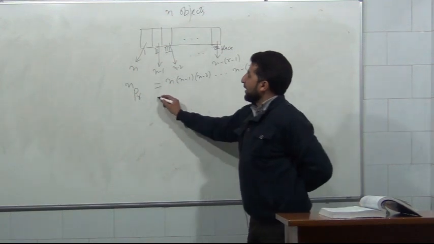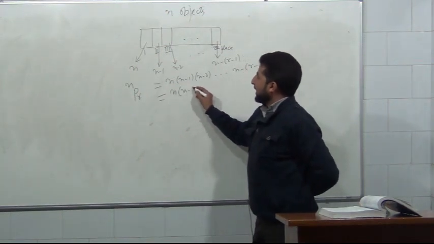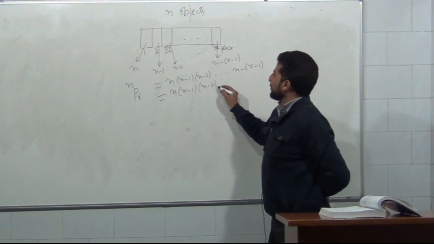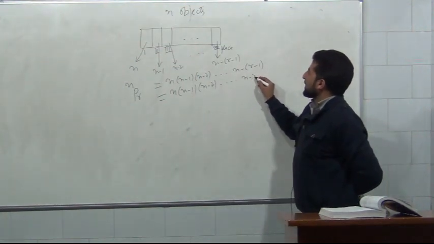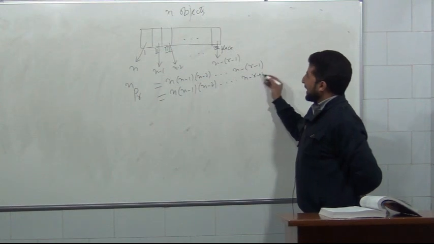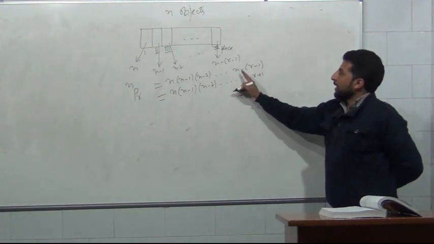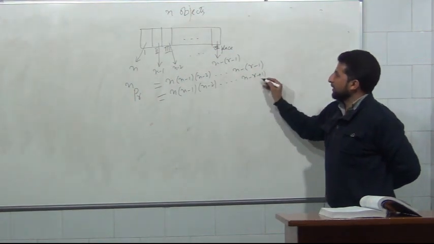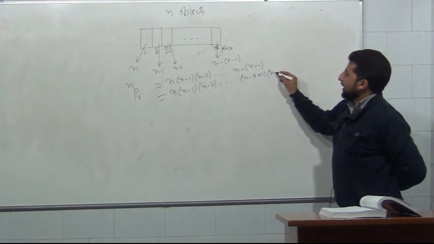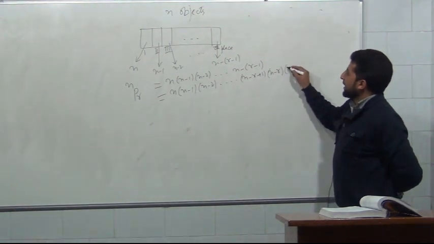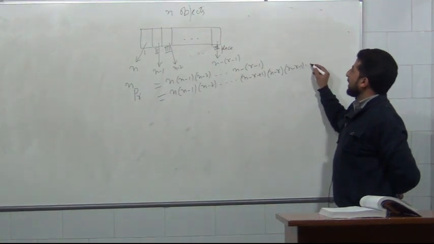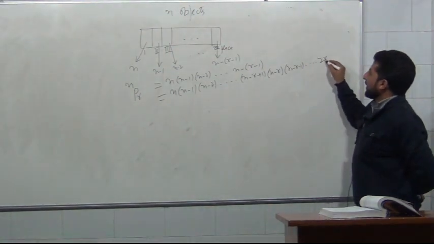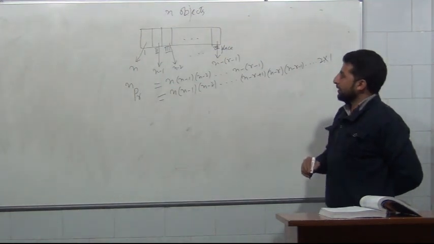You can say it is equivalent to n minus 1, n minus 2, and so on, n minus r plus 1. This is n minus r plus 1, and then decrease by 1, n minus r, decrease by another 1, n minus r minus 1, and so on. You will reach, at one stage, 2 into 1.